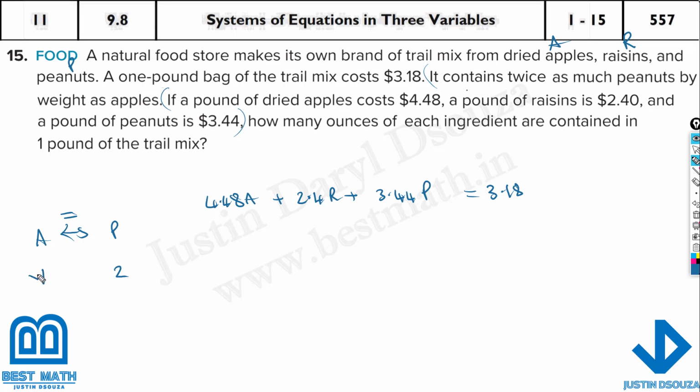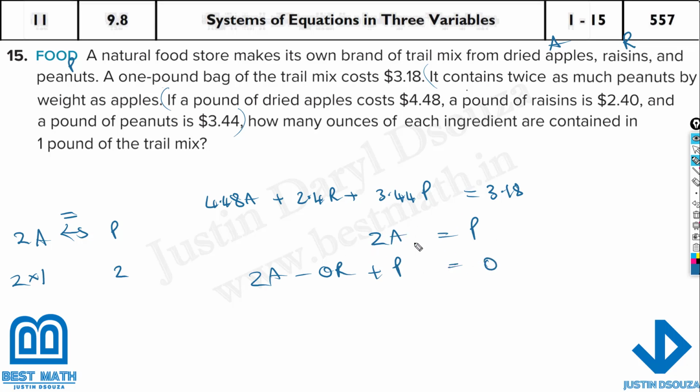Multiplying is easier. So I'll just multiply this by 2, it'll be 2 and 2. So don't forget over here also, you do 2. So the equation is 2A equals P. This is the equation which we get. And then it'll be 2A minus 0R minus P is equal to 0. Okay, that is the second equation.